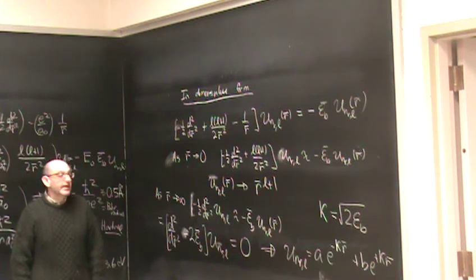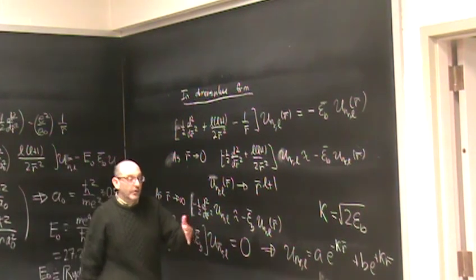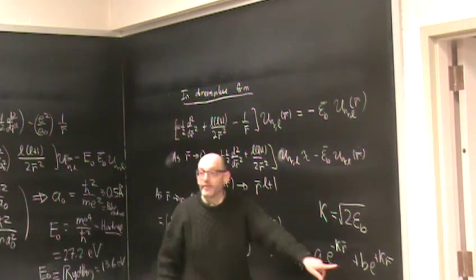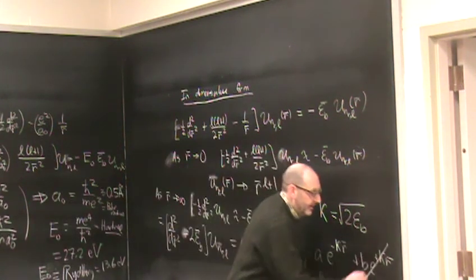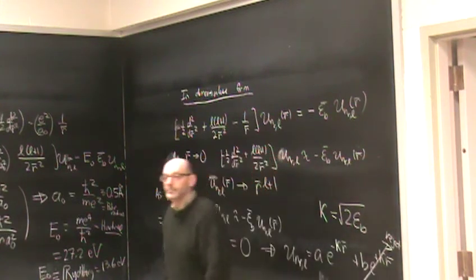Now, asymptotically, if we're talking about a normalizable state, we can't have this. It can't blow up. This we reject because it can't blow up; we can't have a normalizable state.